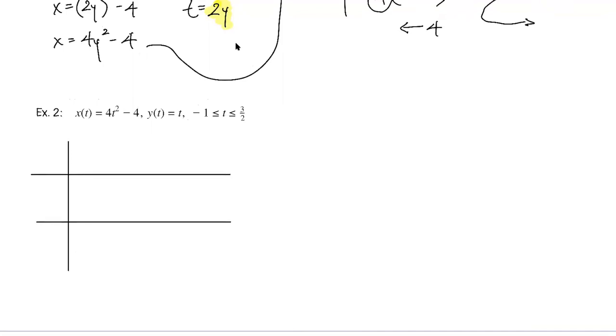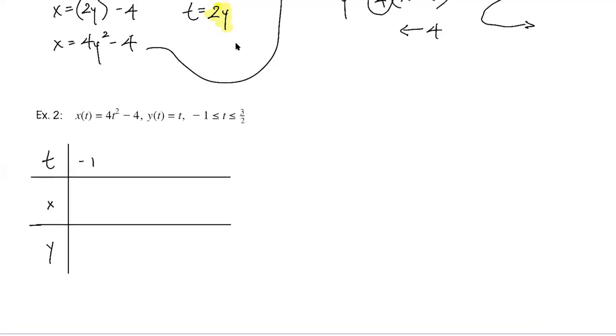All right, so we've got our parameter. We're going to have some x values and some y values that correspond to those. Now, the first t value that I should put in there is -1, because that is the beginning of the parameter range.